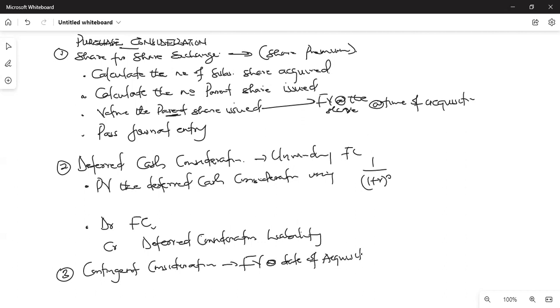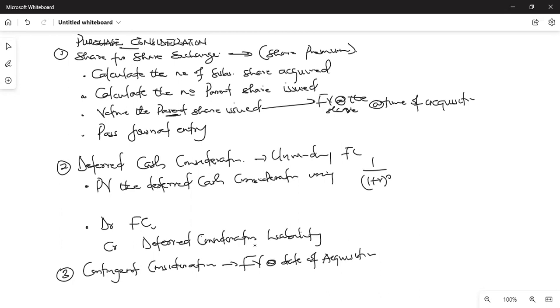It's a consideration that is based on something, okay? So they say, okay, we will pay you this amount if you meet this profitability. Are you getting it? So we are buying you, but we will pay you a certain amount if you meet a certain profitability. Okay, all right, so that is that. Now, according to IFRS 3, like I said, it is measured at fair value at acquisition. Okay, so the consideration is measured at fair value.